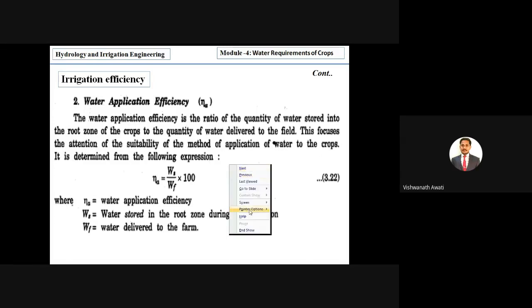Water application efficiency is the ratio of the quantity of water stored in the root zone of the crops to the quantity of water delivered to the field.